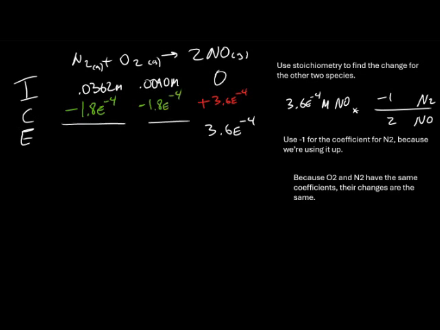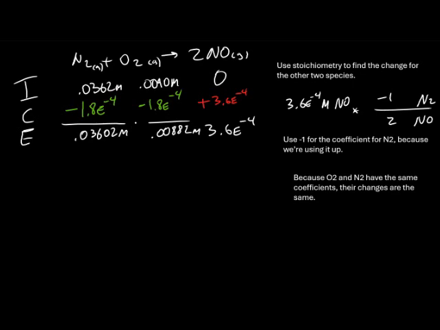To find the equilibrium concentrations, we will subtract using a calculator. Our first subtraction will give us 0.03602 molarity. This is our concentration of N2 at equilibrium. Our second subtraction will give us 0.00882 molarity. This is going to be our equilibrium concentration of O2.